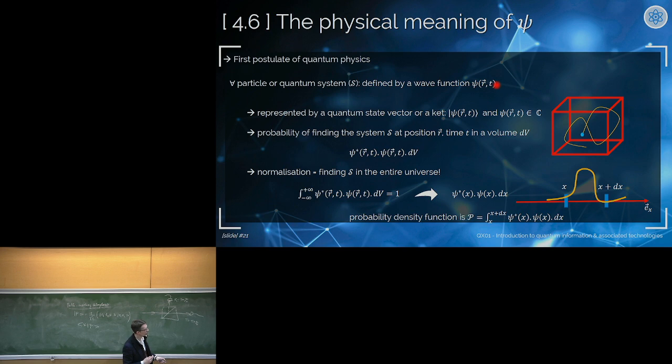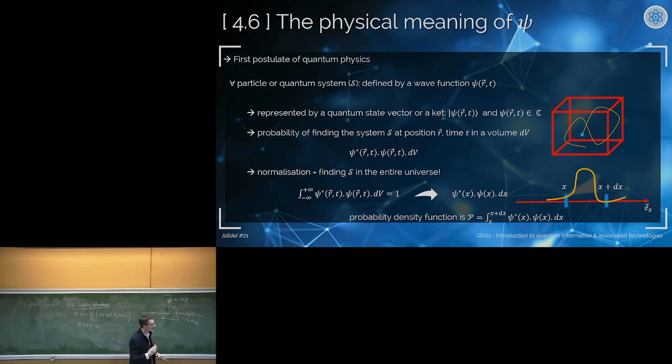This function would be a function of space and time, and it can be represented by what we call a quantum state vector, or a ket, as we saw, which we can write like this. This function is, without surprise, usually a complex function. And then you will say, okay, but you said the wave function is supposed to represent physical reality, and complex is not a physical reality, and it's true.